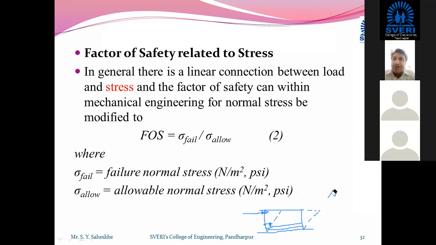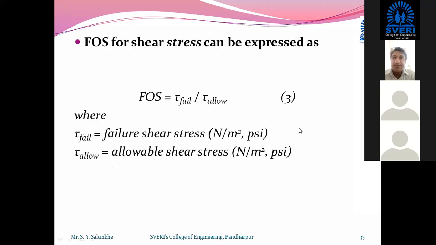Okay, so just what I told you, this sigma represents tensile and compressive stress, and we use tau for the shear stress. So shear stress is denoted by tau.